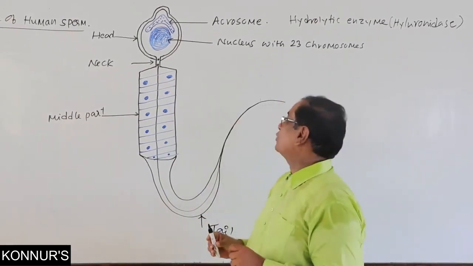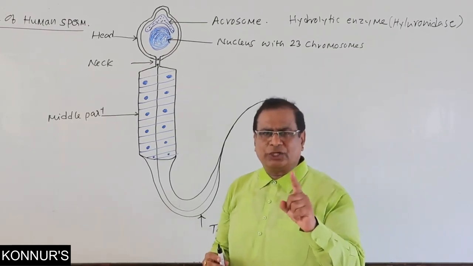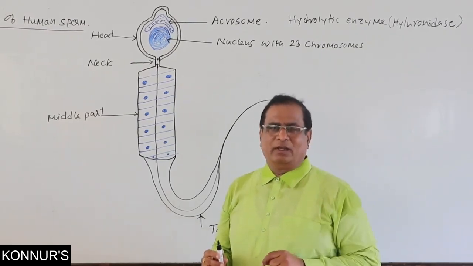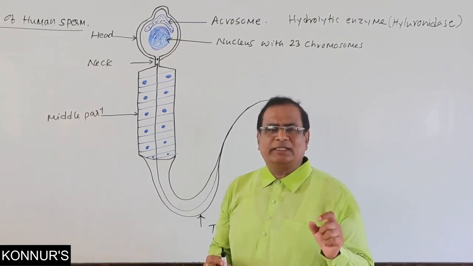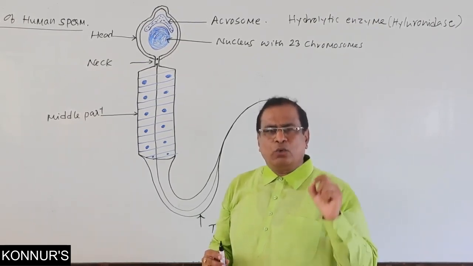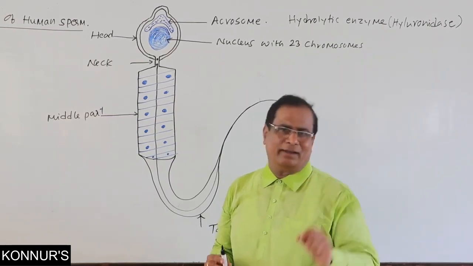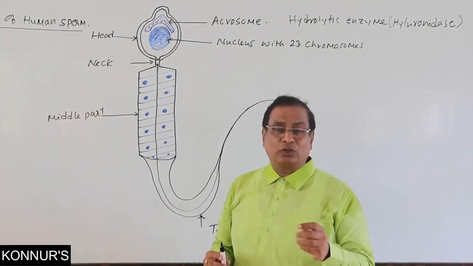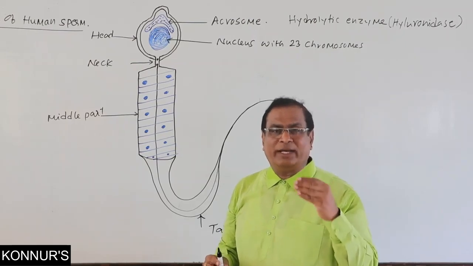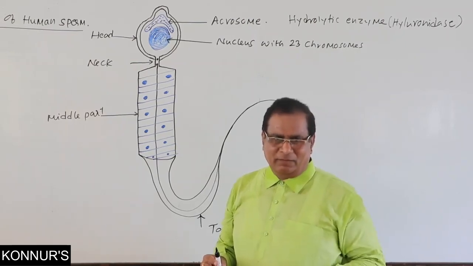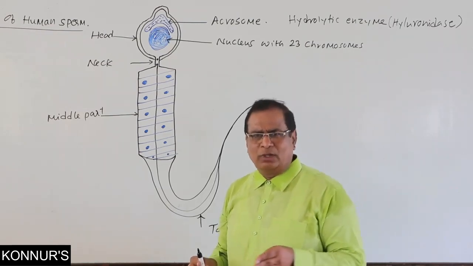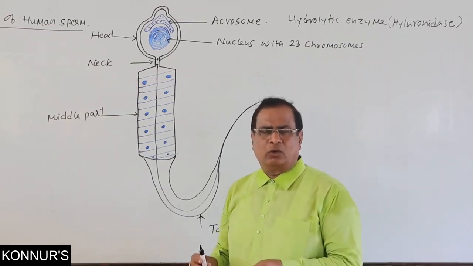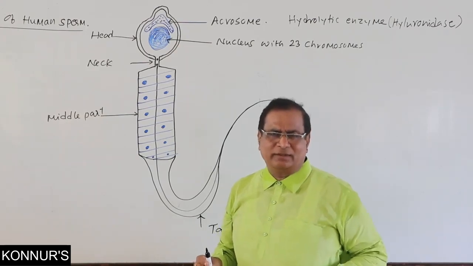And with respect to acrosome, one neat question was asked. Acrosome present in sperm is formed from which of the following organelle? They had given endoplasmic reticulum, ribosome, Golgi complex, lysosome like this.